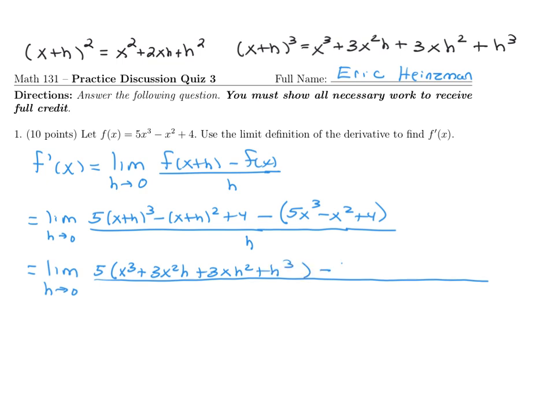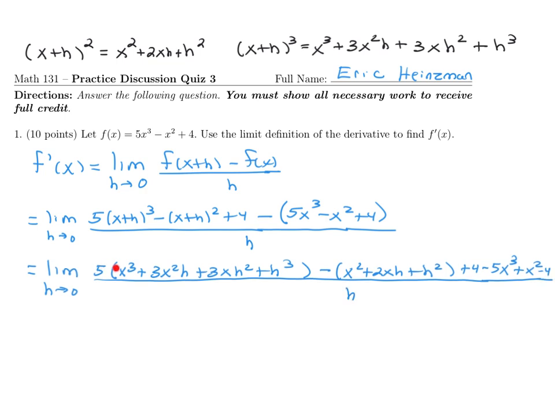Then it's going to be minus x plus h squared is x squared plus 2xh plus h squared. Then there's a plus 4, and then we're also going to subtract 5x cubed. We will add x squared and subtract 4. And this is all divided by h.